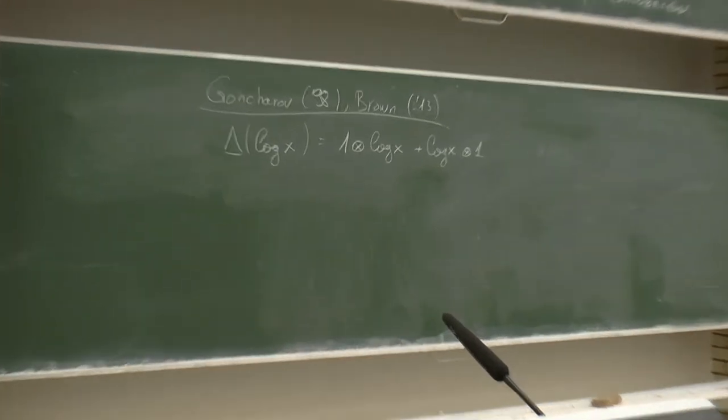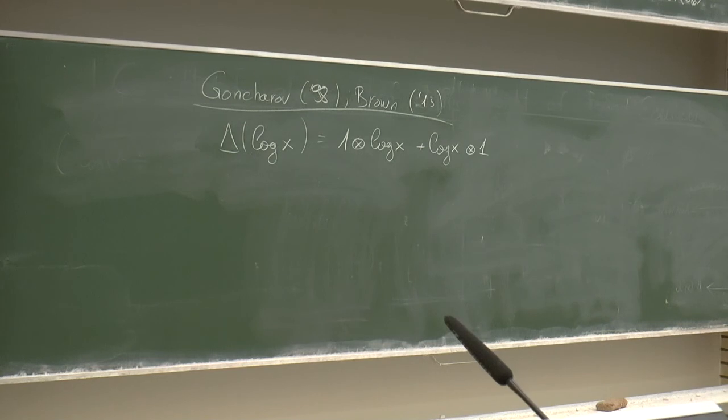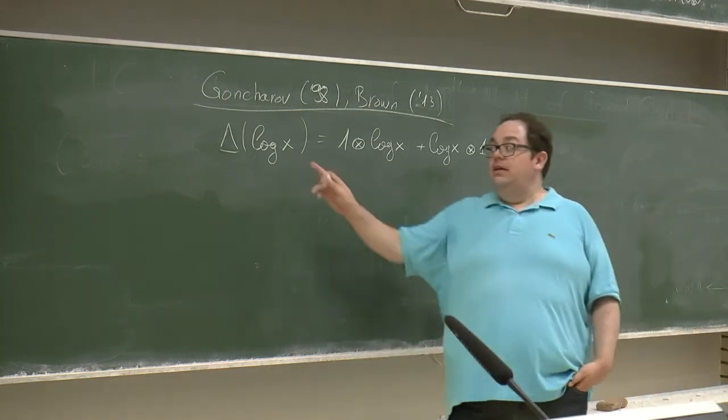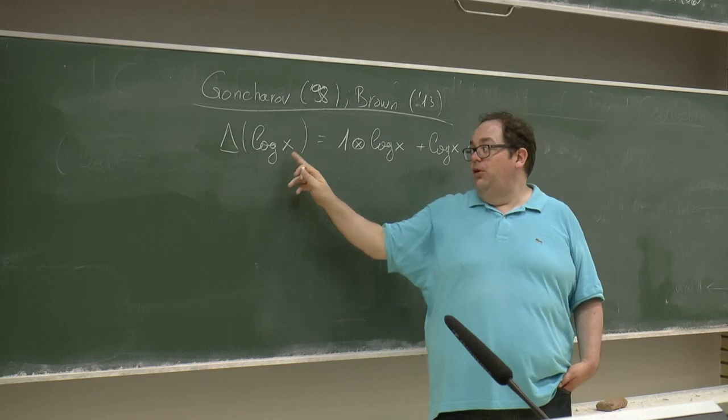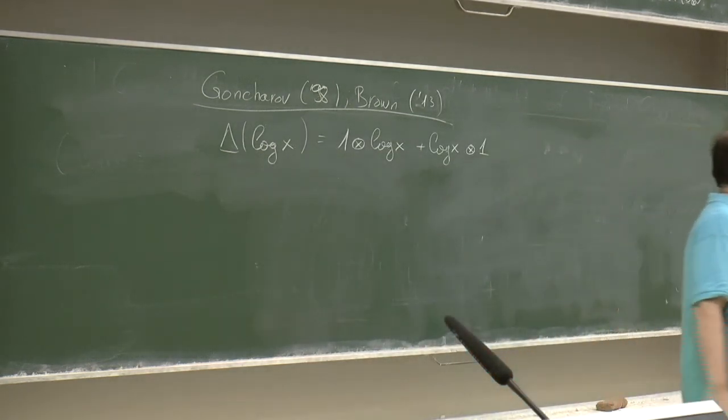Those are the simplest objects that you have. So that's what you would expect the coproduct of the logarithm to be, and indeed that is the case. The logarithm is a transcendental function, but it's the building block from which all other polylogarithms are built, so there's no reason why it should be able to break into anything simpler.